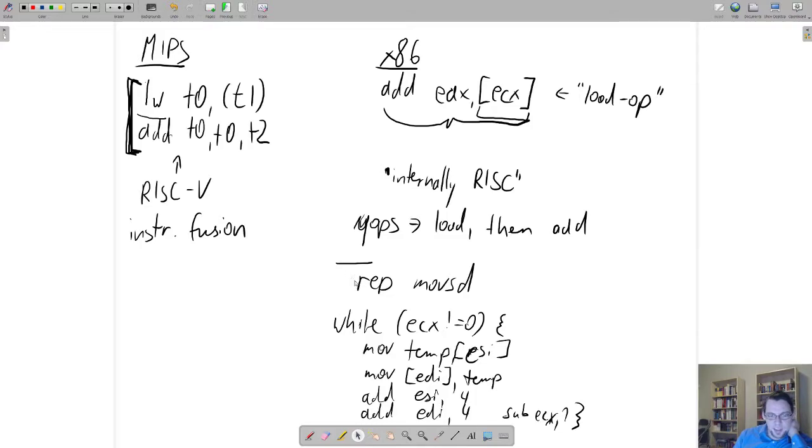You can just say, okay, if something goes wrong, then ESI and EDI are pointing at the location where stuff went wrong, and ECX is however many iterations of the loop are left. So you can just figure out the problem as the operating system, fix the problem, and then just re-execute this rep movsd and stuff works.